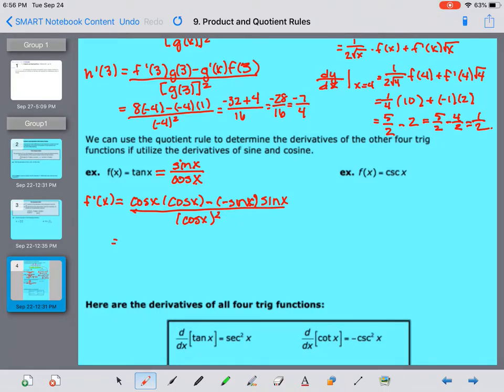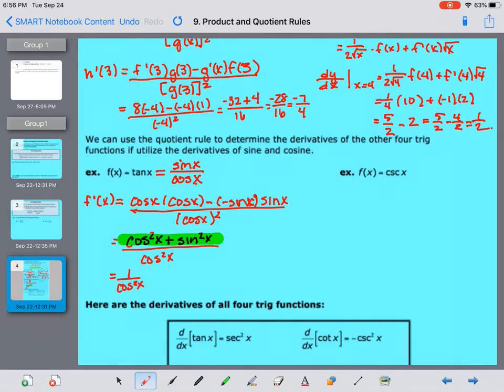Okay, so I'm just going to simplify this. We get cosine squared x, negative and positive, or two negatives are going to make that positive, and sine squared x over cosine squared x. Okay. And if we look here, to that value right there, that happens to be one of our identities, which means we can change it to be 1 over cosine squared.